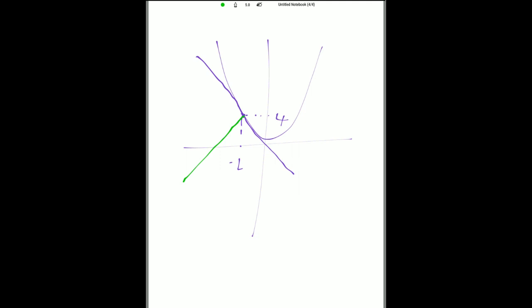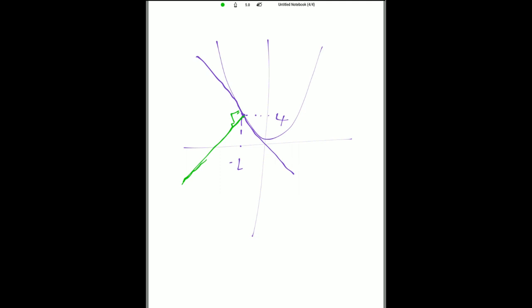Any line that does that, we call that line the normal. So this green line here, the normal, is a line that is perpendicular to the tangent and cuts the tangent at the very same point of tangency to the curve.